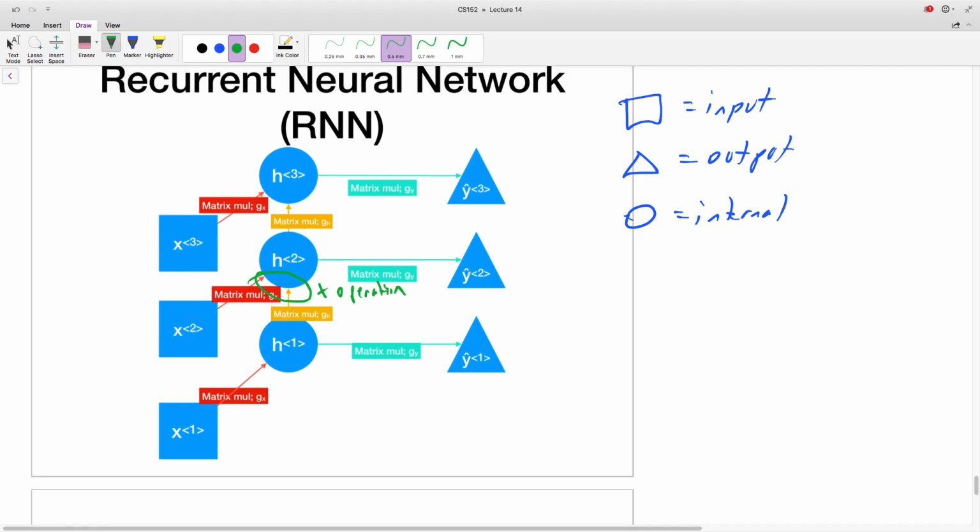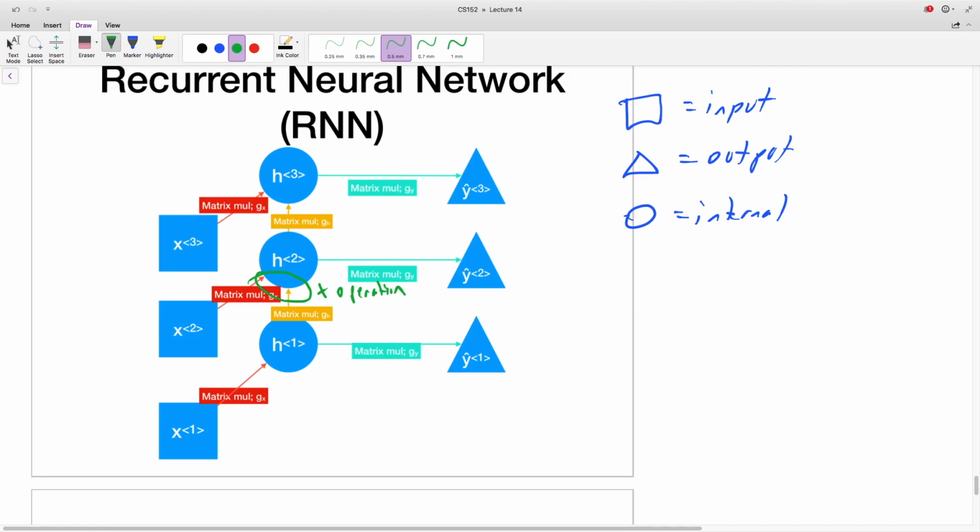I mean, it's not clear why we want to treat the first word differently from the fourth word. There might be some state that causes us to treat it differently, but just the fact that it's the beginning, we don't necessarily need that here. This state can somehow reflect the fact that it's the beginning.